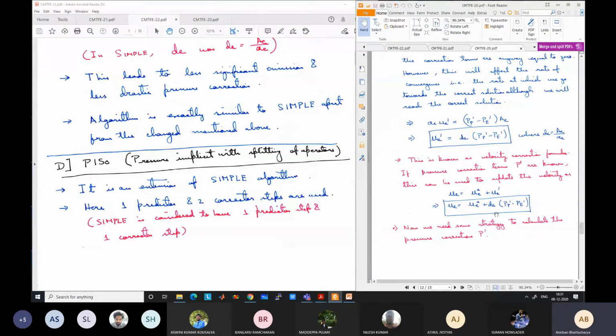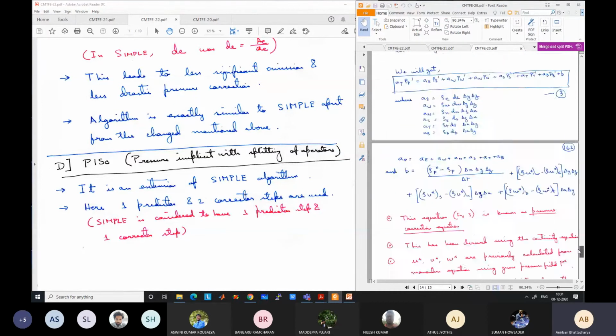By adding this pressure correction difference, which we can write as a velocity correction, we updated the velocity. This is known as the corrector step. The predictor step gives us U star, the corrector step gives us the updated U. In the next iteration, again one predictor, one corrector, and so on. And to use this corrector step, you also have to calculate the pressure correction in between.